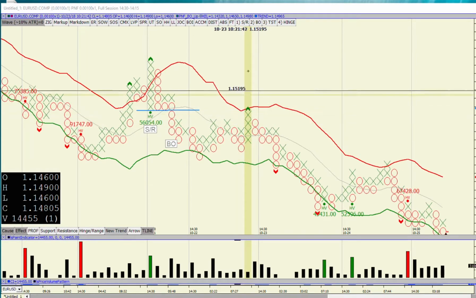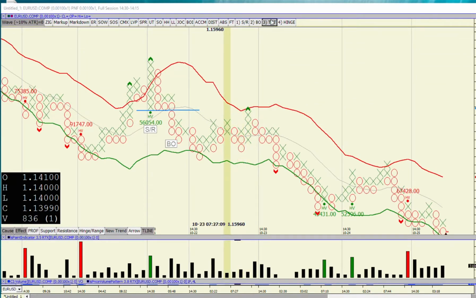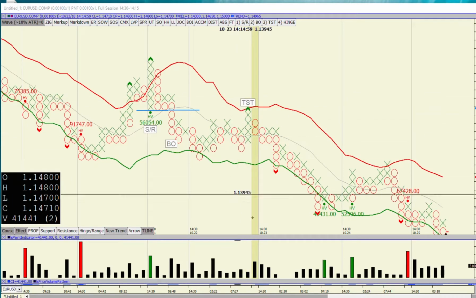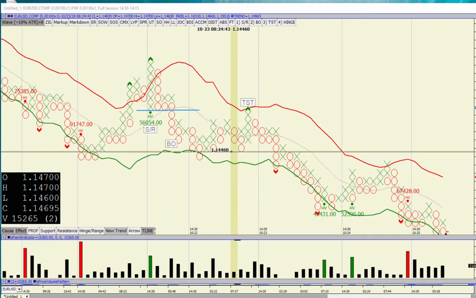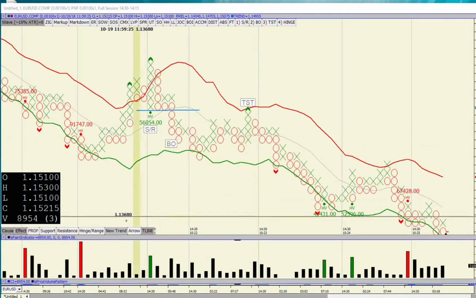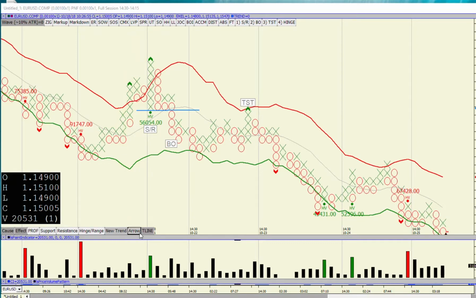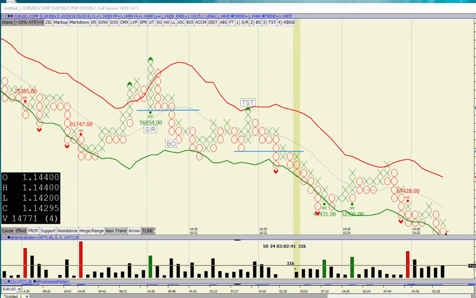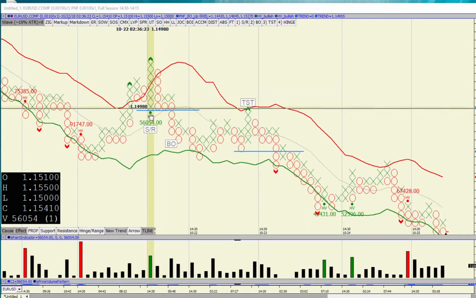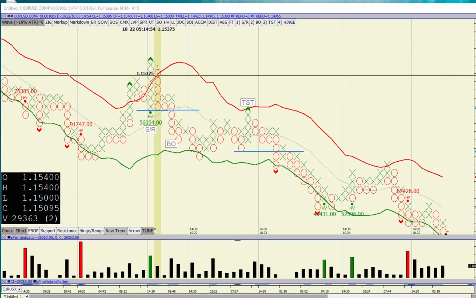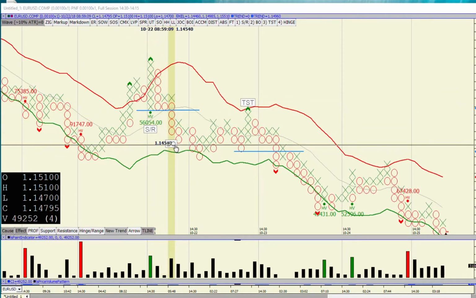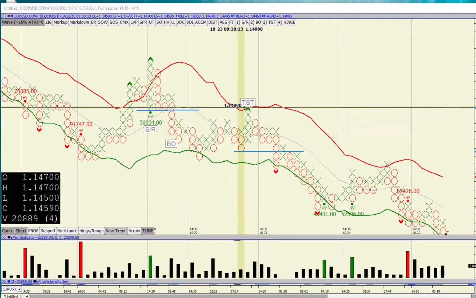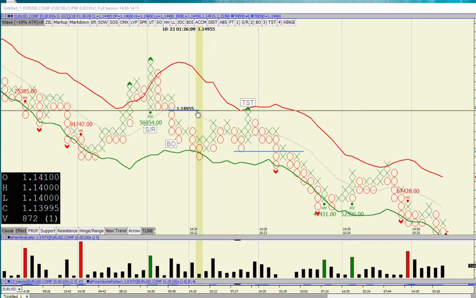right here. So mark it as test. The low before that rally is your support. Mark it as support. So again, over here, low before this high, support breaks down, then tests that support, which is now resistance.